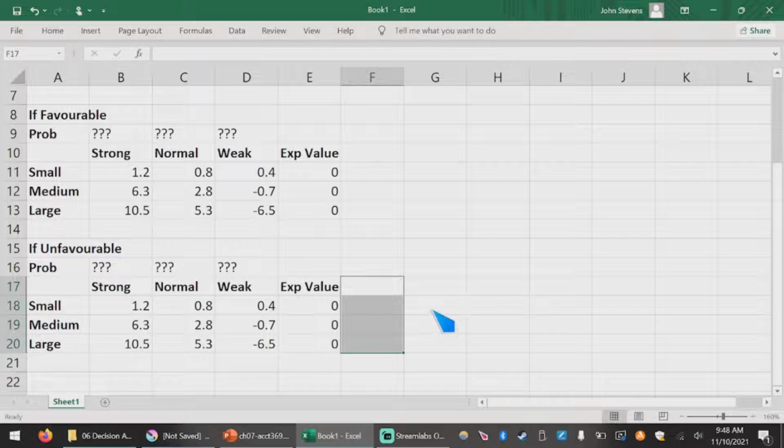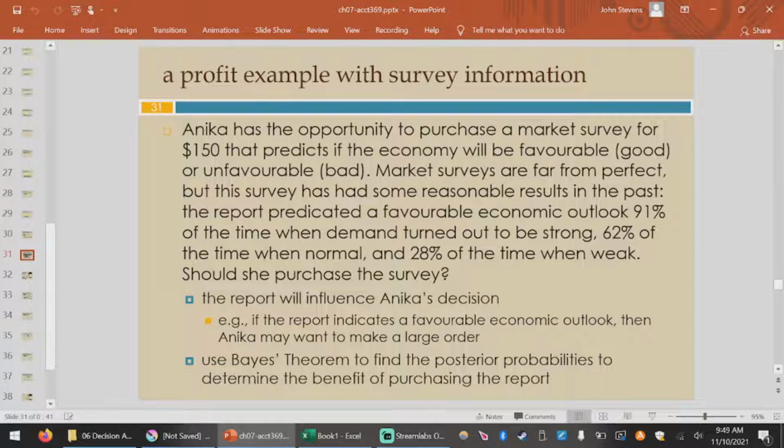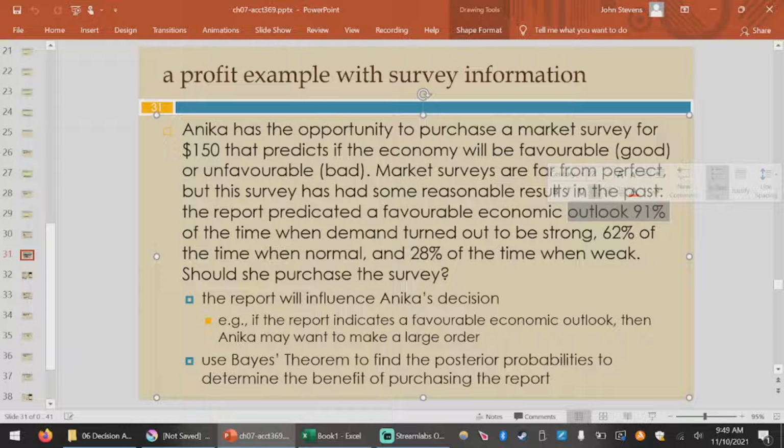Okay, so let's map out how this looks based on the fact that they give me some probabilities. Now, what are these probabilities that they give me? This 91 is, if the market is strong, then the report is going to say favorable 91% of the time.